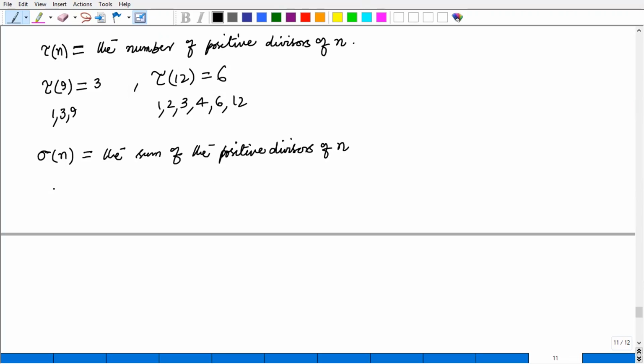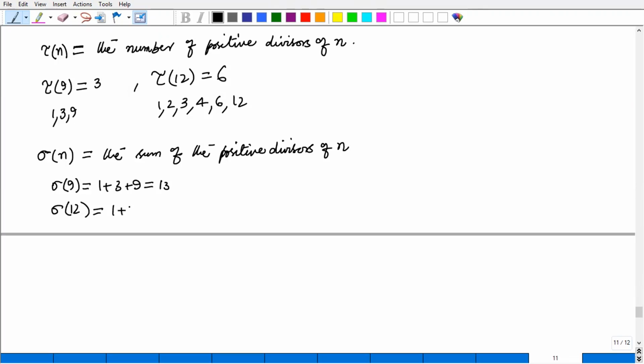Okay. For example, sigma of 9. So it's the sum of the positive divisors of 9. Positive divisors of 9 are 1, 3, 9. So 1 plus 3 plus 9, which is 13. Similarly, sigma of 12.